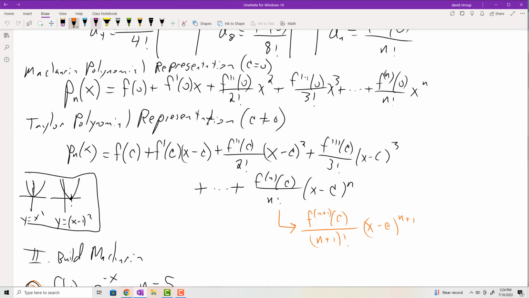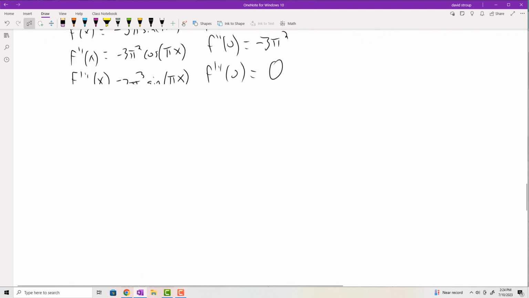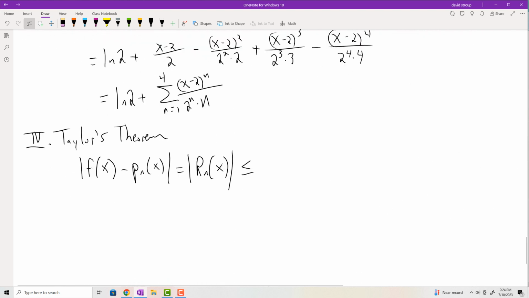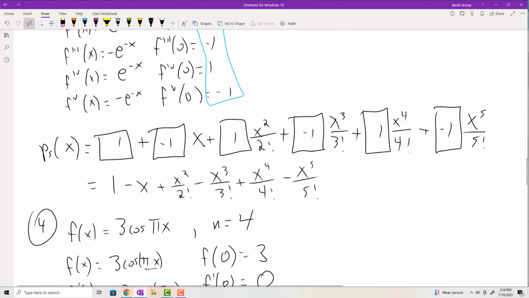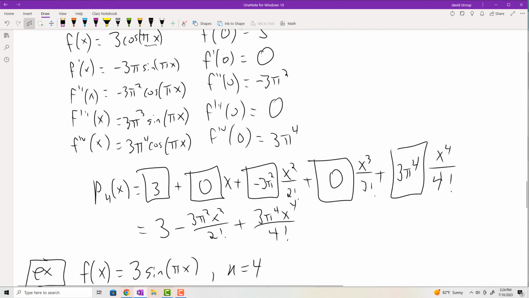The problem is we're going to have to replace this thing with some maximum function for the theorem to pan out. So what is it then? It's going to look a little weird, but like I was saying, it's kind of like the next term in line.